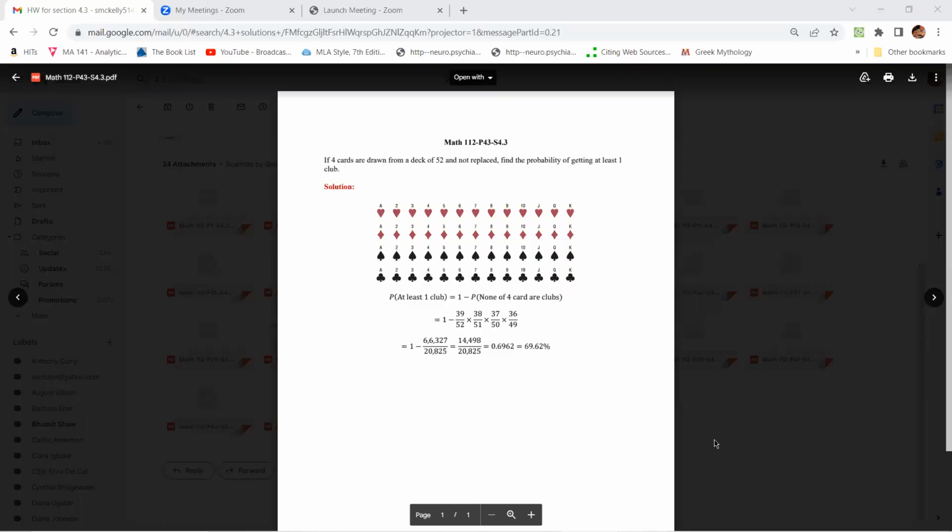Here is the sample space. She gave you a picture of the sample space, right? So 1 minus, again, there's 39 cards that aren't clubs.